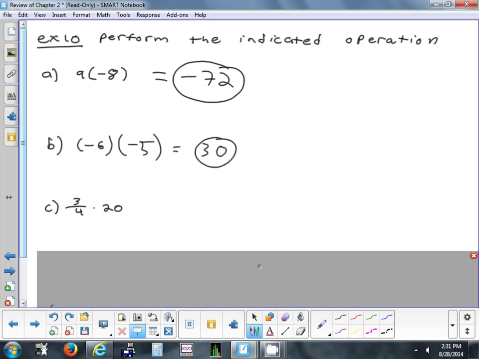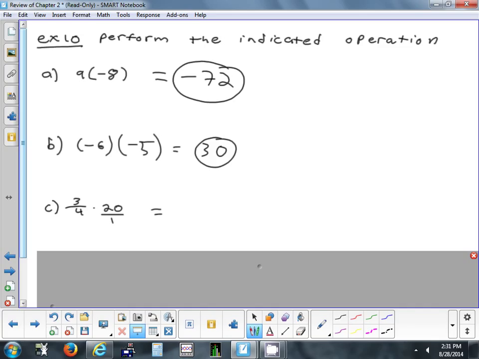What about this last one? It's a positive times a positive, which is Isaiah? That's a positive. And we have something that's a fraction times something that's not a fraction. So what's the very first thing we have to do? You put a 1 underneath the 20. We put a 1 underneath it.